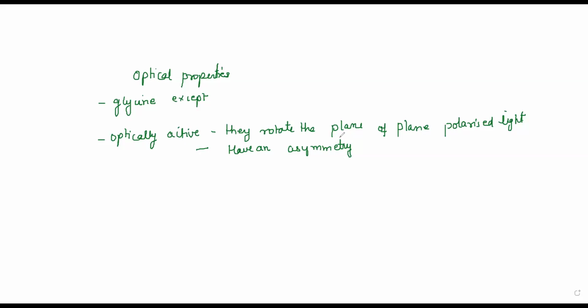And one thing more, chirality describes the handedness of a molecule that is observable by the ability of a molecule to rotate the plane of polarized light either to the right, that is dextrorotatory, or to the left, that is levorotatory. And we all know that optical activity is measured by a polarimeter.